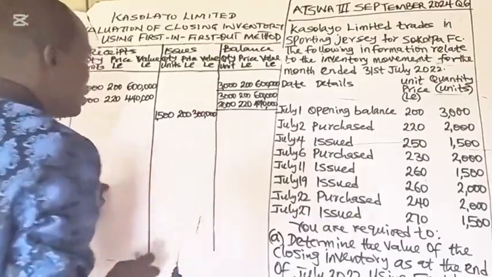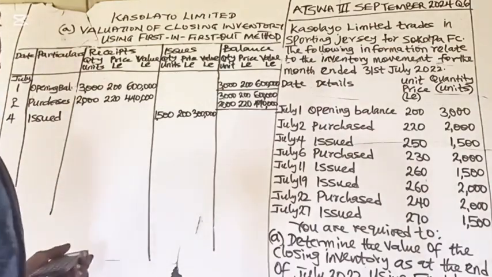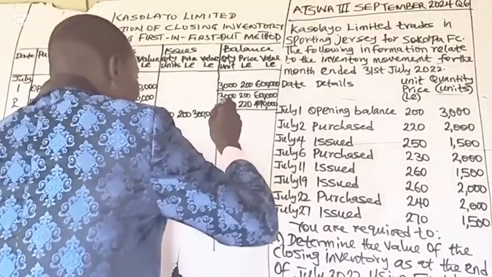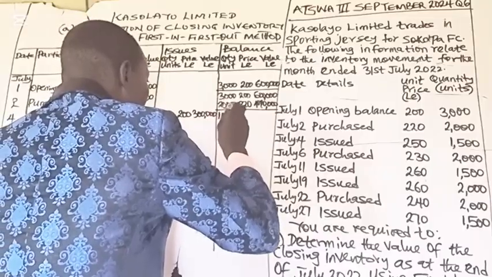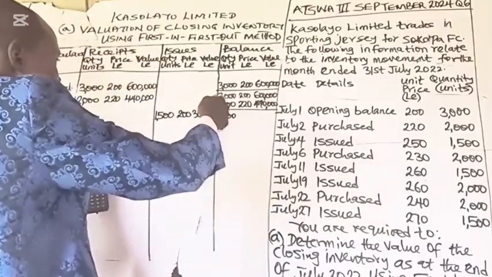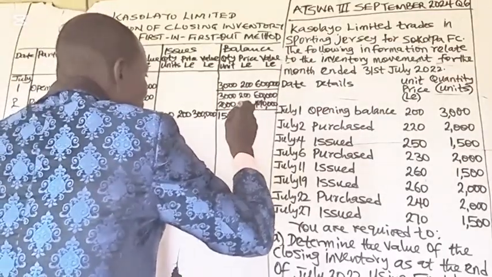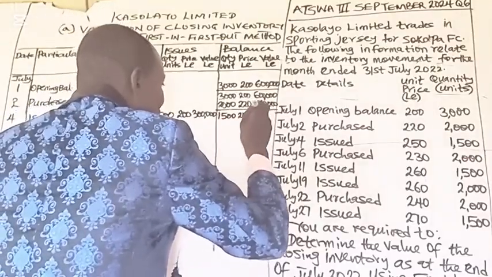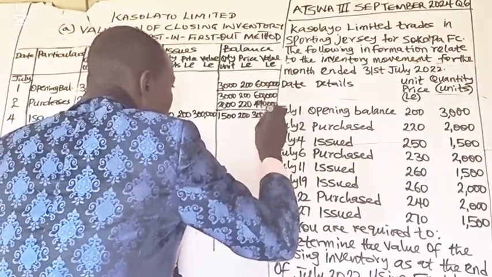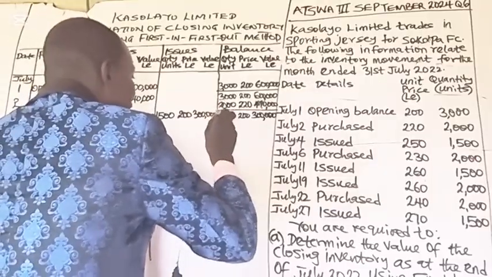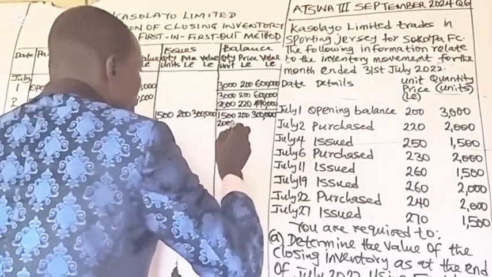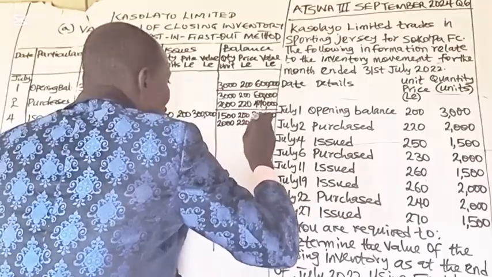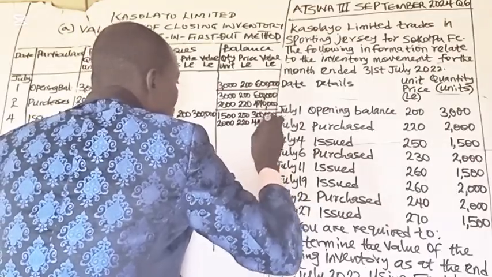Now, what you are left with in the store is 1,500 here, since you have issued 1,500 from the 3,000 at the price of 200. That gives us 1,500 times 200, that is 300,000. Then this 2,000 is still in the store unused, at the price of 220, valued at 440,000.